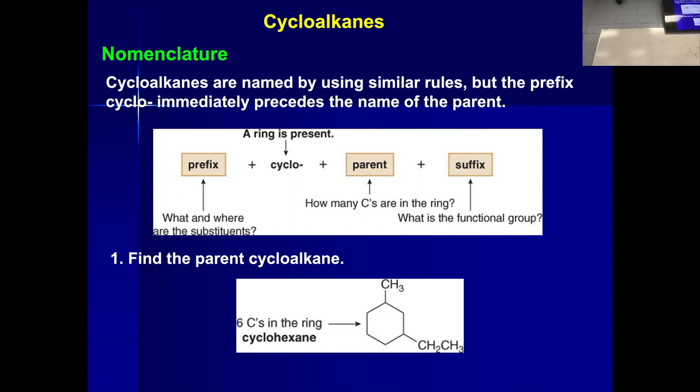What is the parent name going to be? Nonane, right? Now I've got to deal with a numbering system, right?